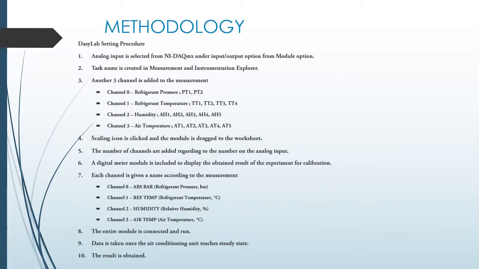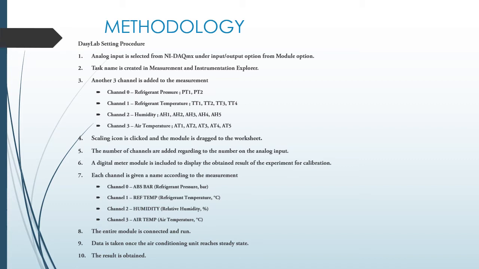Okay, for the DASYLab setting, analog input is selected from NI-DAQmx under the input/output option from the module option, and a new task is created with a name inside the measurement and automation explorer.